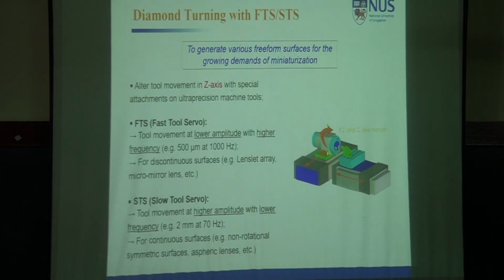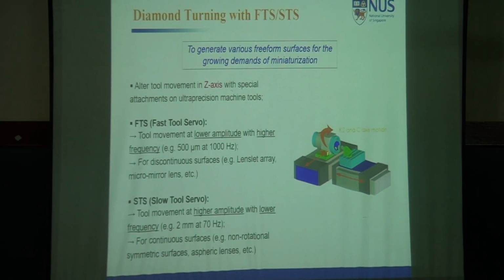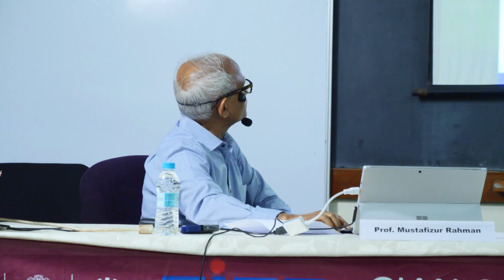That comes with fast tool servo and slow tool servo. As I explained many times, in fast tool servo the tool is moving very fast, and in slow tool servo the tool is not moving that fast, and the slow tool servo controls the tool post movement.